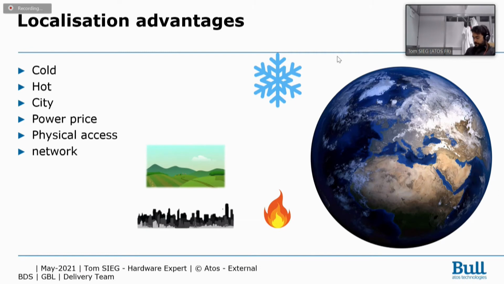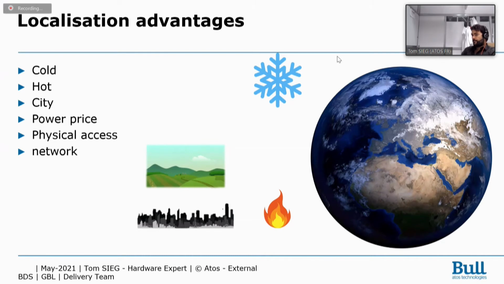The temperature for an HPC cluster depends, of course, on the material inside, but generally you have to maintain the cluster room and all the material at a temperature less than 40 degrees. 40 degrees is a maximum for the good functioning of a cluster.